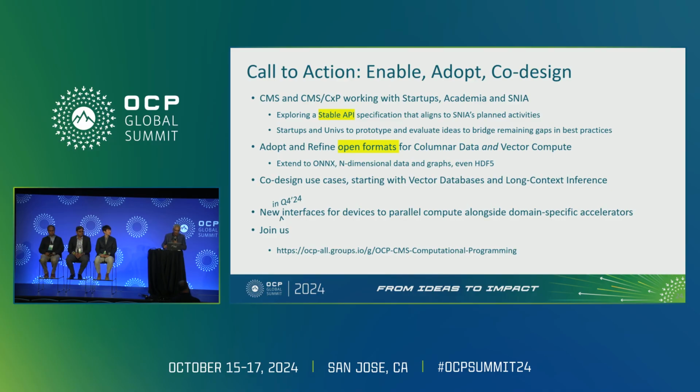And then these co-design use cases, like vector databases, long context inference, some of the things that Samir talked about. And in Q4 2024, new work on interfaces for devices to parallel compute alongside domain-specific accelerators.